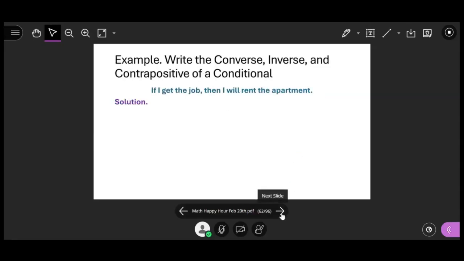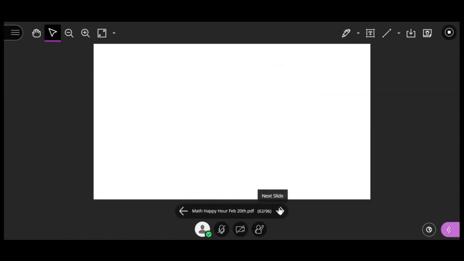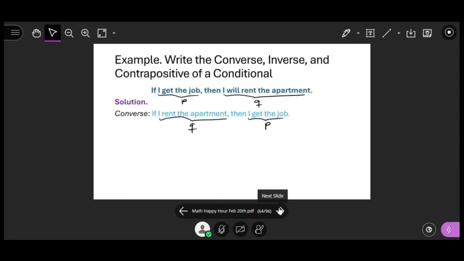So here it says write the converse, inverse, and contrapositive. If I get a job, then I will rent the apartment. So first, let's identify P. P is I get the job. Q is I will rent the apartment. So in the converse, we just switch Q and P. So if I rent the apartment, then I get the job.